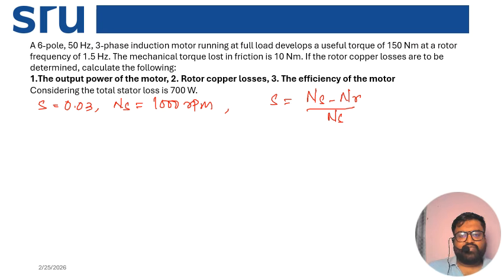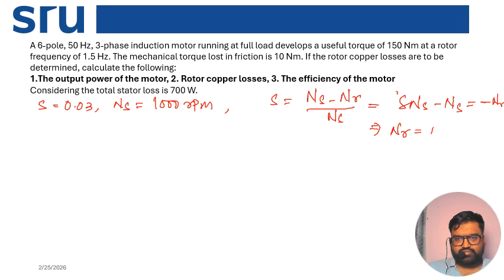The Ns value we calculated is 1000. If we solve this formula, sNs minus Ns equals minus Nr. In this form, I represent Nr equal to Ns, take common, (1 minus s).